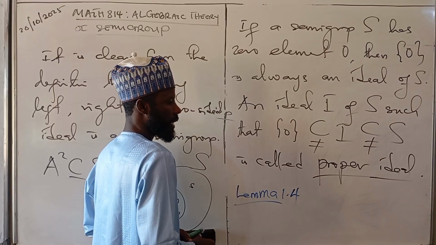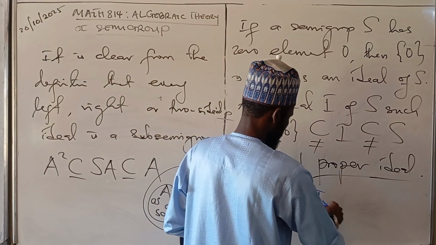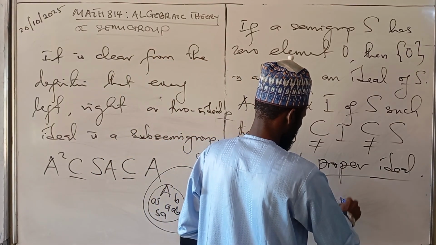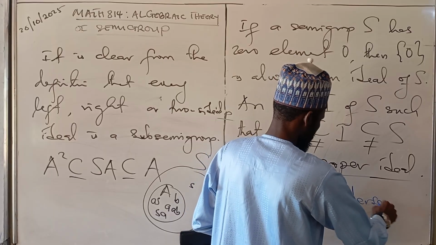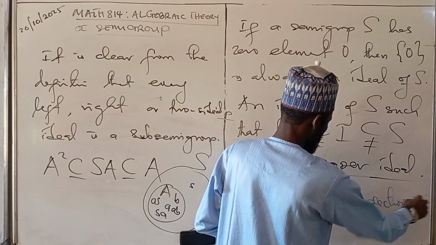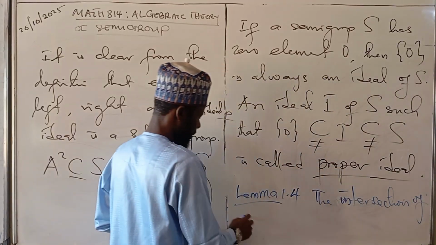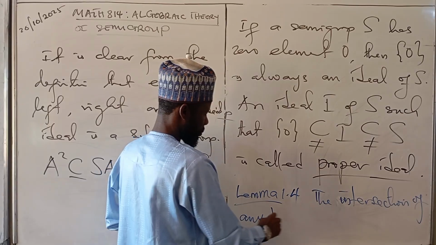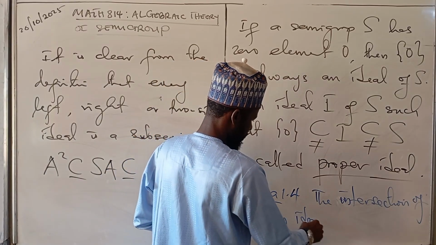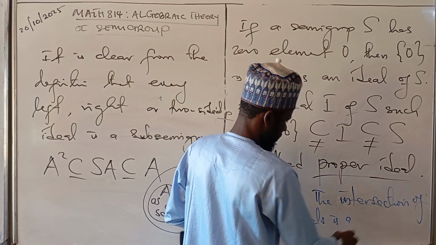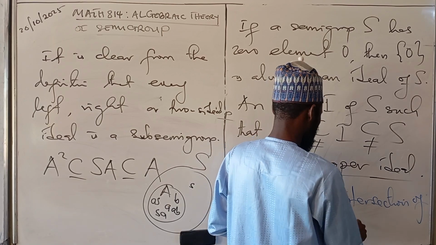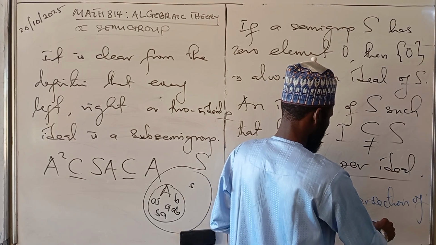So in a semigroup, the intersection of any two ideals is again an ideal.